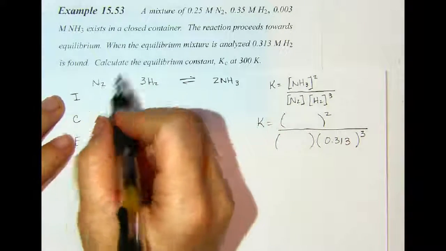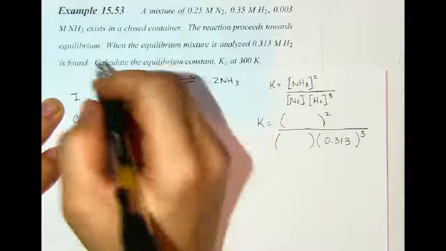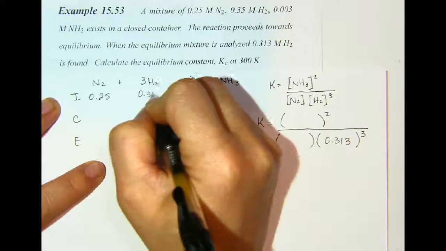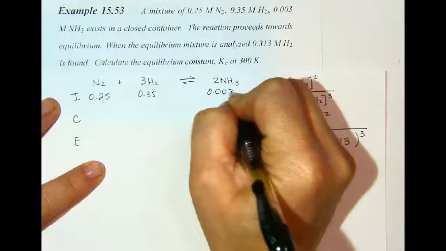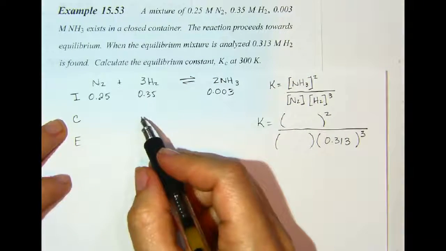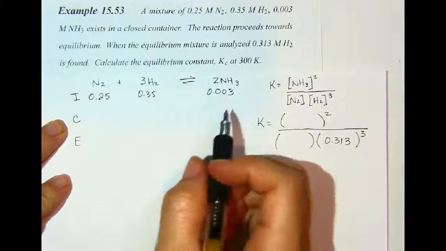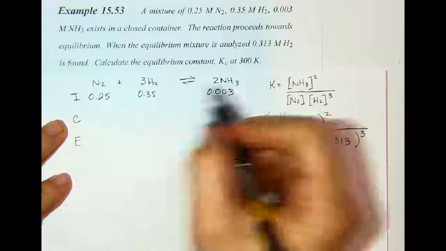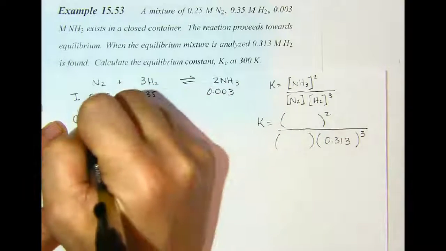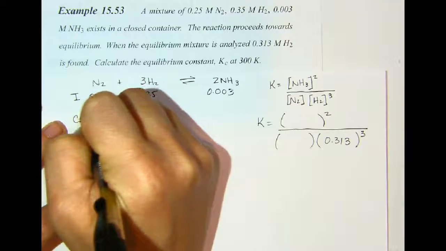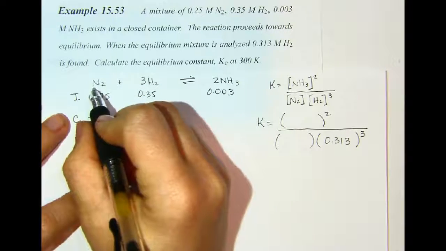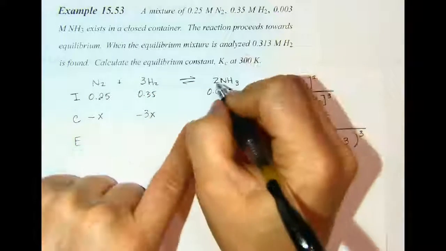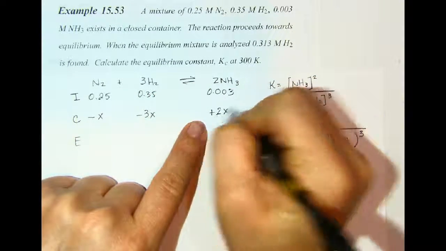So first, I'm going to take the initial concentrations, which were given. This is 0.25, this is 0.35, and this is 0.003. The change in concentrations is based on the stoichiometry. And because these are the reactants, I'm going to assume they are disappearing and the products are appearing. So we'll say minus x, minus 3x, and plus 2x.